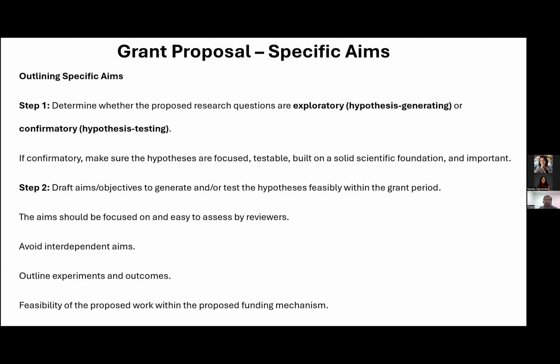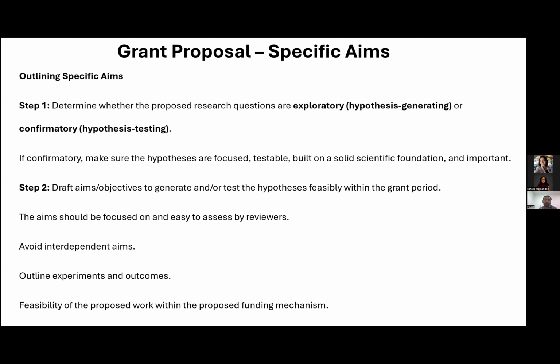When you look into the specific aims page, step one is to define and determine your hypothesis. How, from a broader knowledge umbrella, do you bring it down to a specific problem based on your expertise as well as foundational data?